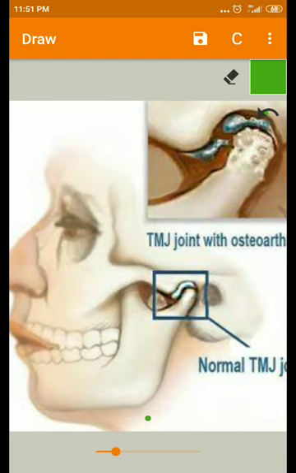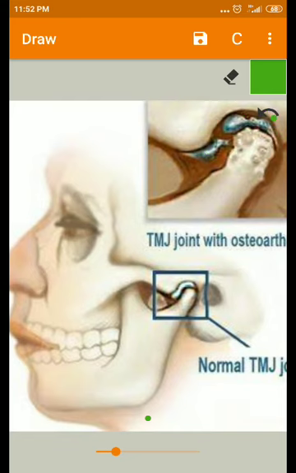However, some crepitus is found inside the joint, indicating that the joint has arthritis. The pain is not present after 8 months, and the normal functioning of the temporomandibular joint is also present, but some sounds, crepitus, are present inside the joint. So this is about osteoarthritis of the temporomandibular joint.